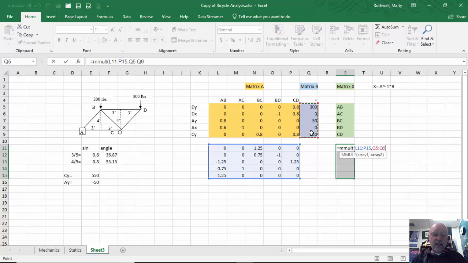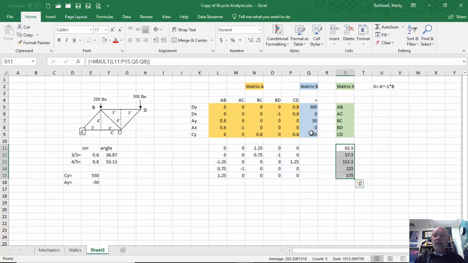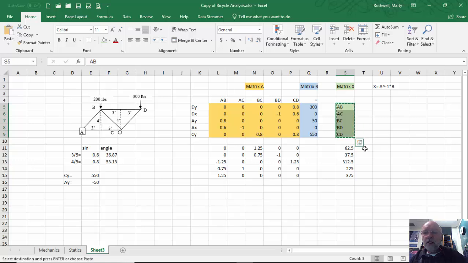Again, don't hit Enter. Hit Control Shift Enter, and voila, here are the answers. If I just did Control C, Control V, there are my answers. And that's how you do matrix algebra using Excel. Hope this works for your problems.